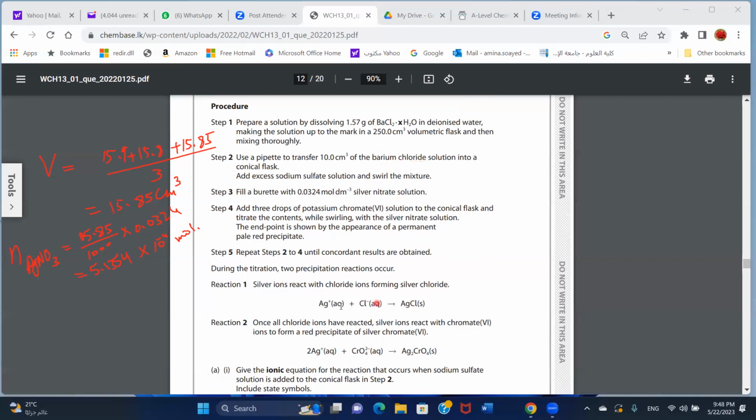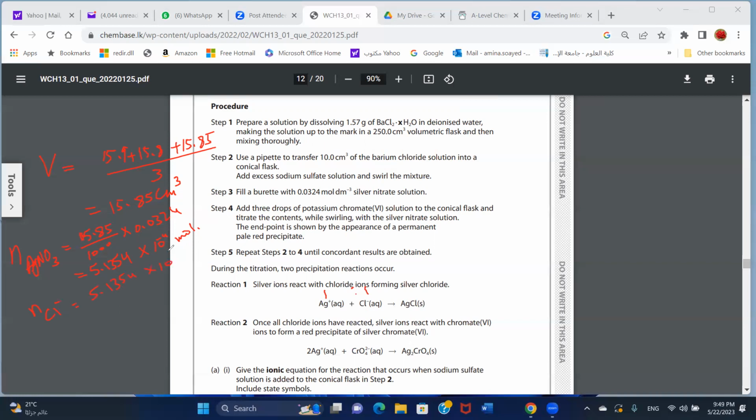So this is what we are dealing with, the silver ions and the chloride ions. Okay? Do you understand, Alishba? Yes, I understand. Okay, so from the mole ratio here, the mole ratio is 1:1, which means that the number of moles of silver nitrate is the same as the number of moles of the chloride. It's the same.